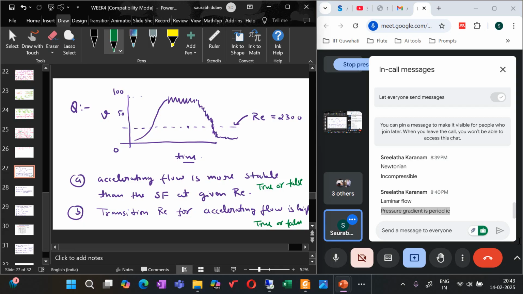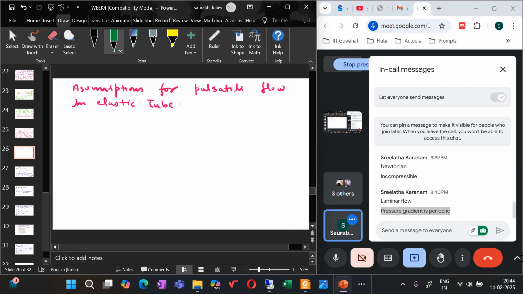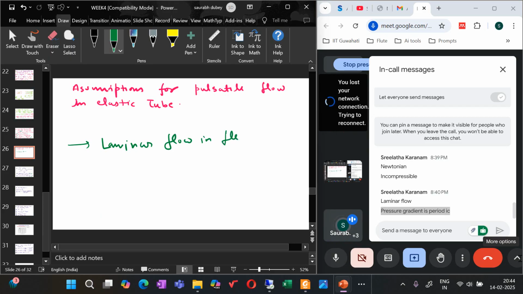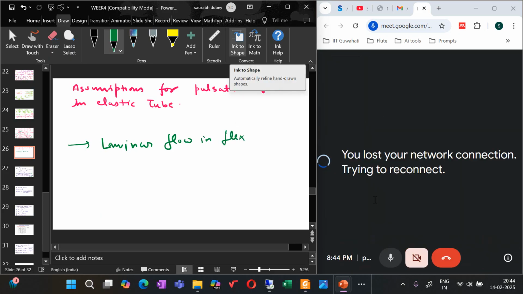If you see the last question that you solved, in this solution you solved laminar flow in flexible tubes. Let me just reconnect it. I have lost my connection. Let me just reconnect it.